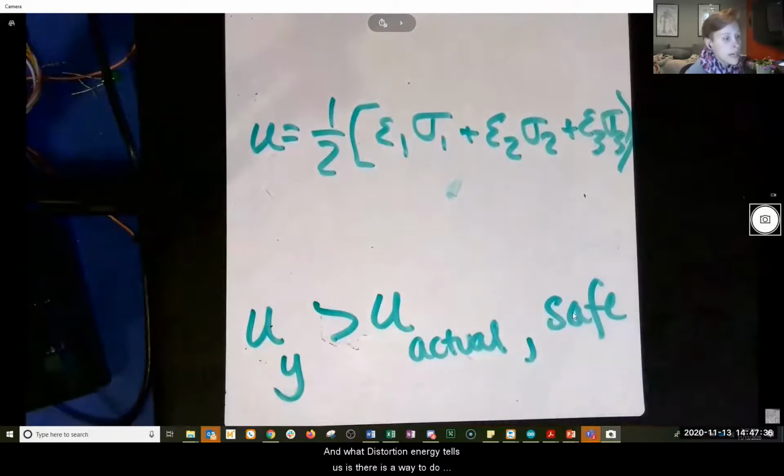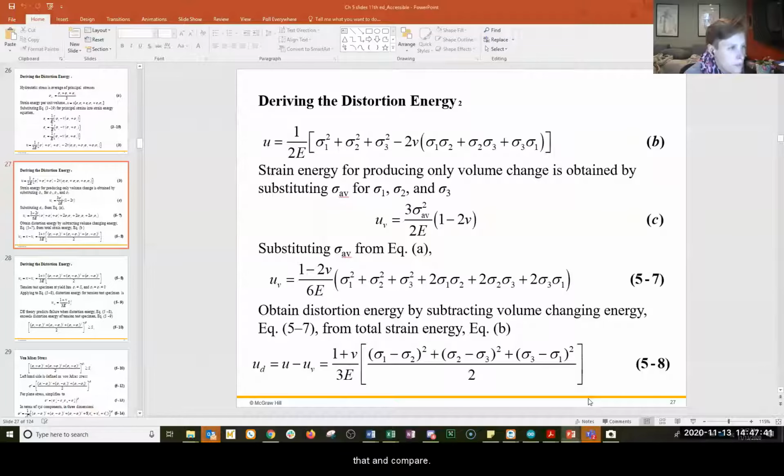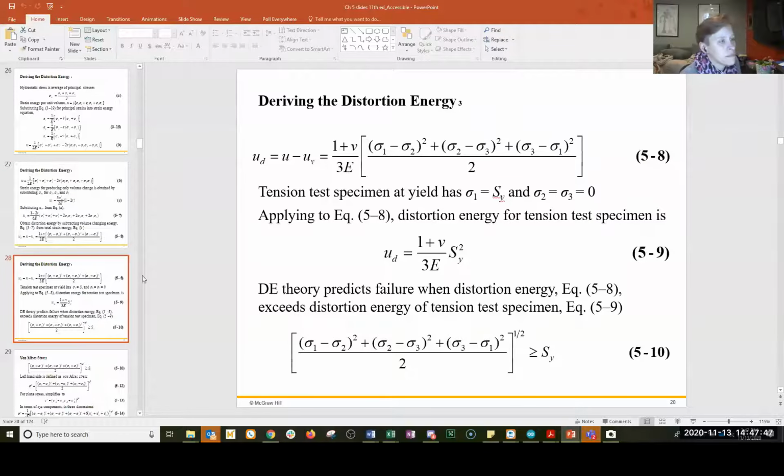What distortion energy tells us is there is a way to do that and compare to the strength. The distortion energy for the specimen in terms of our yield strength is a function of the yield strength, the Poisson's ratio, and the modulus.